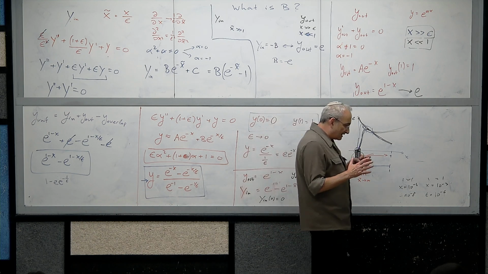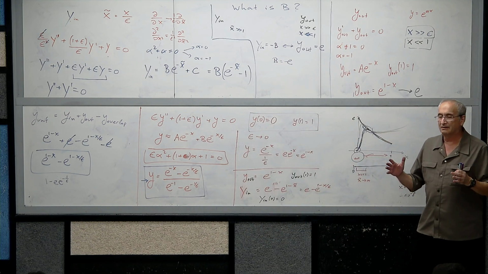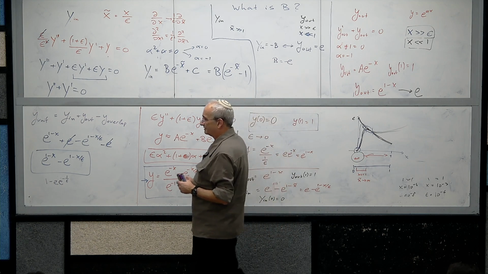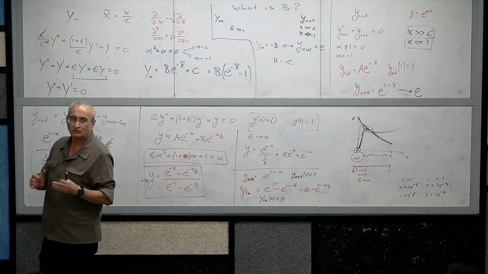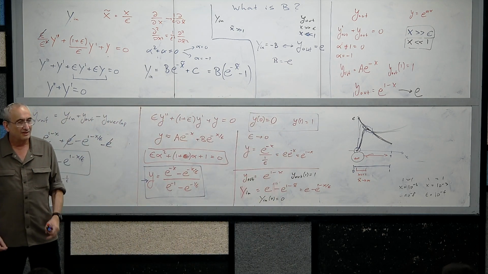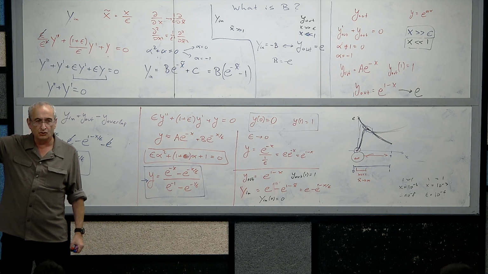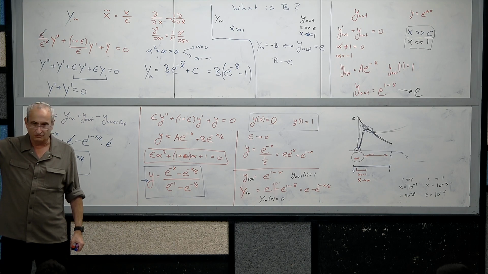So let me try to summarize the prescription. Step 1: divide your region into an inner and outer. Solve the problem in the outer, where you usually have only one boundary condition, and its complete solution.